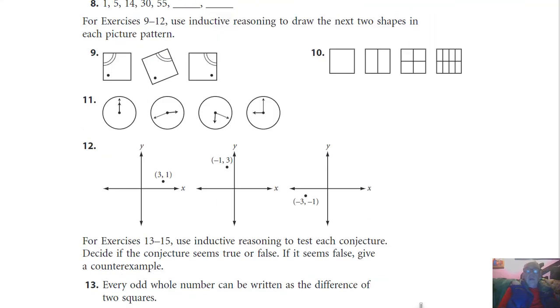Okay, we need to look at this next set. Looking at number 9, I'm not too sure what's going on with this pattern. It looks like from here to here, it flips. But this one in the middle, I'm not sure what is going to go on with that.